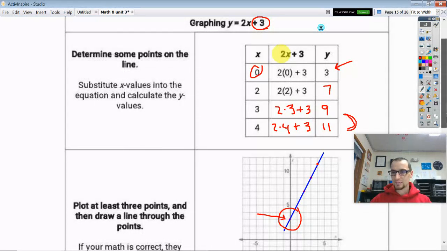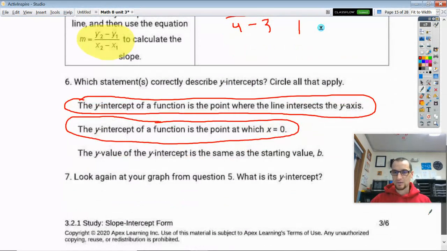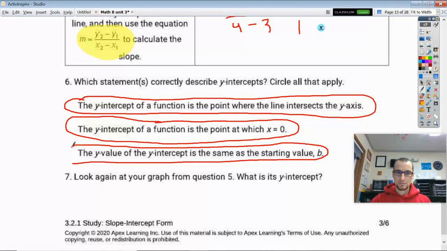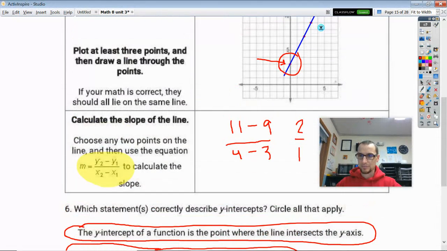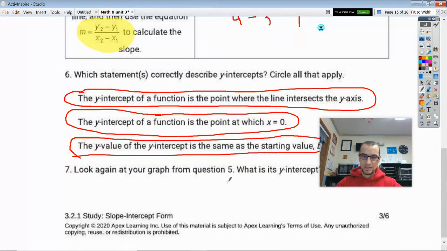So the y-intercept is the same thing as the starting value. So look again at your graph for question 5. What is the y-intercept? 0, 3. So it is the point 0 for x, 3 for y.